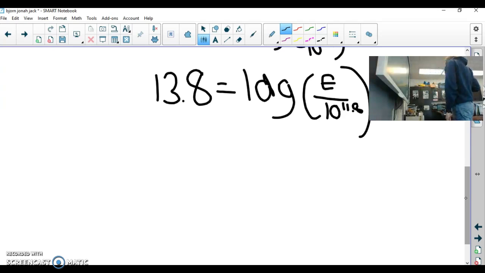So now that we've simplified it, we're going to apply the quotient property of logarithms, which sounds complicated, but it isn't.